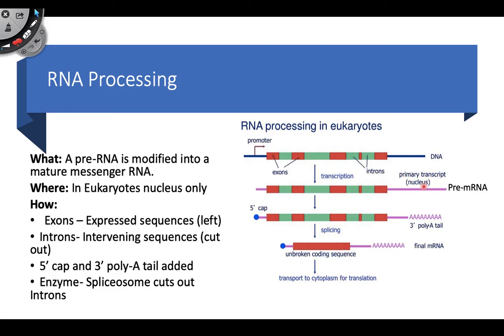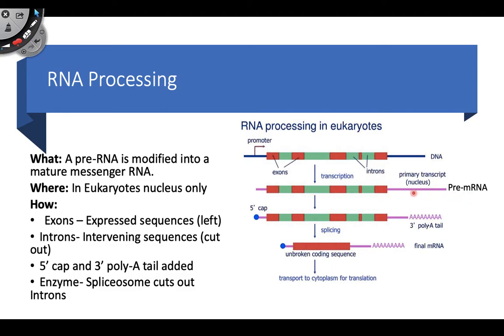This process happens in the nucleus. So this pre-mRNA is just not ready to leave the nucleus with the genetic code. It needs to get processed first. So this only happens in eukaryotic cells where there is actually a nucleus. So notice that the pre-mRNA gets modified or processed in a way.